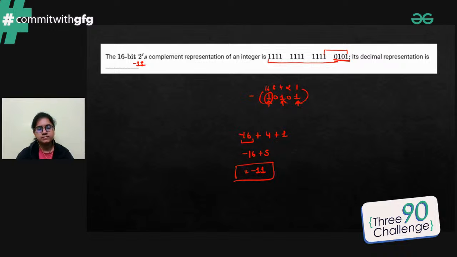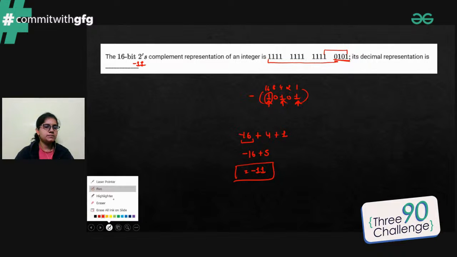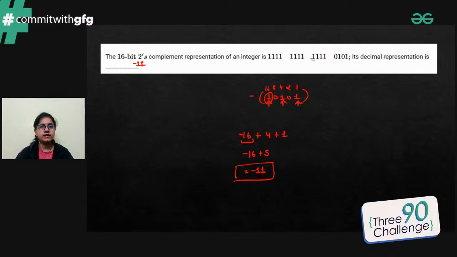Have you all got this? Like how I did it directly? Or should I explain the steps? Yes, absolutely, Jay, this is a kind of trick, and it is very time saving.